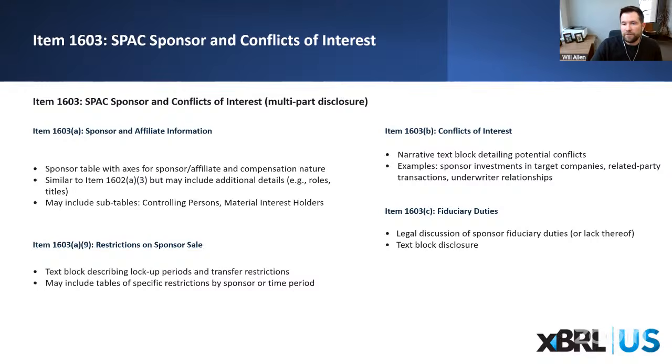The conflicts of interest text is a narrative, and that sometimes can be quite lengthy, and it details all the ways that a sponsor might be conflicted. And then the fiduciary duties section is kind of legal boilerplate explaining that whatever jurisdiction the SPAC was organized under, sponsors may or may not owe fiduciary duties to public shareholders. So each section is tagged with its own role, and the facts are dimensionally organized as appropriate.